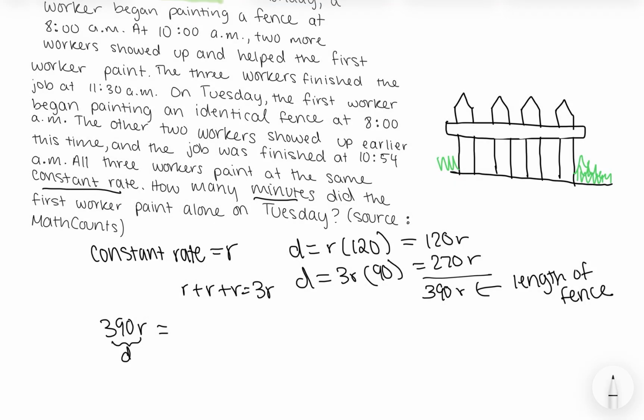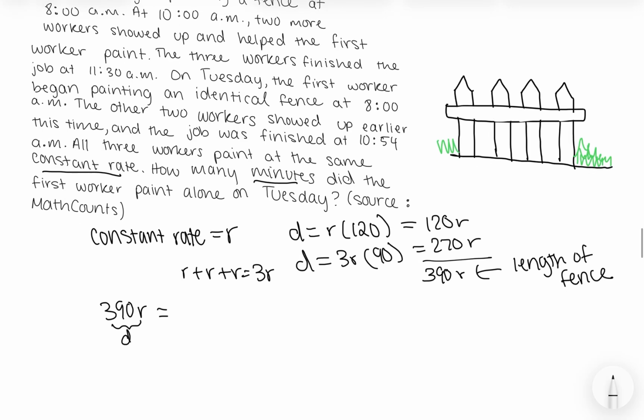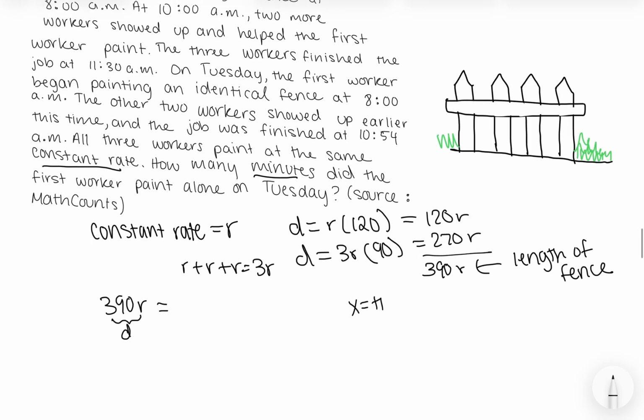And then for some amount of time, the first worker is going to be painting by himself, and we don't know how much time that is. So the time that he's painting by himself is going to be x. So x equals the time 1 worker is painting.